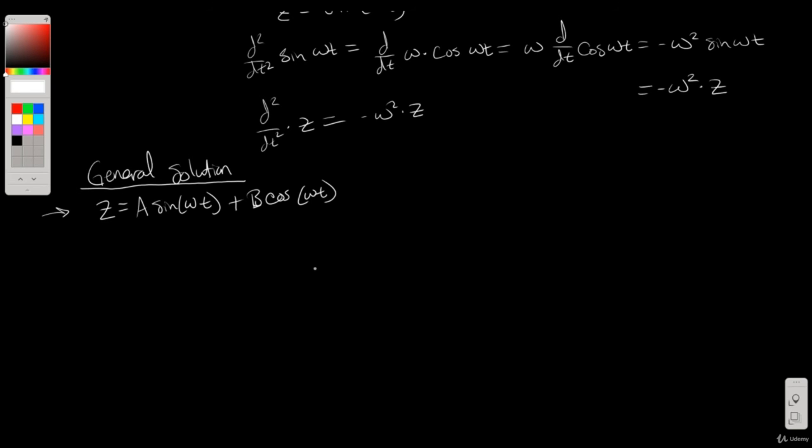One thing to note here is that in the case of the simple harmonic oscillator, although we can have different amplitudes for the different phases, which are 90 degrees out of phase with one another, you always have the exact same frequency, which is omega.